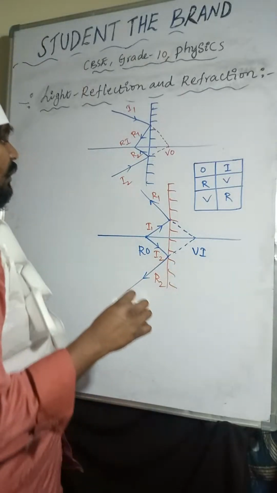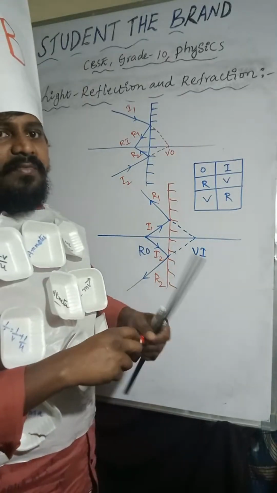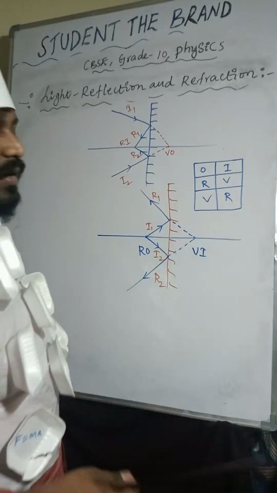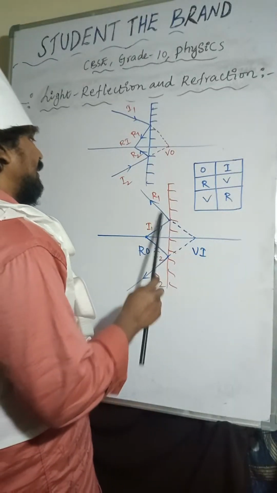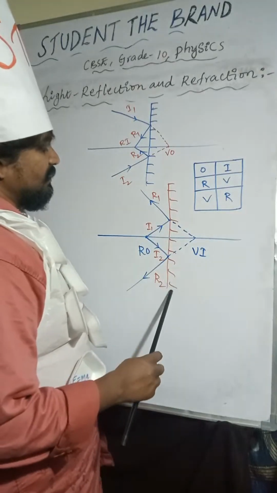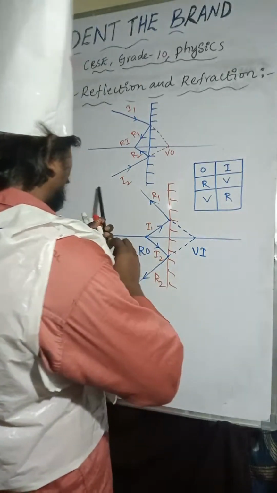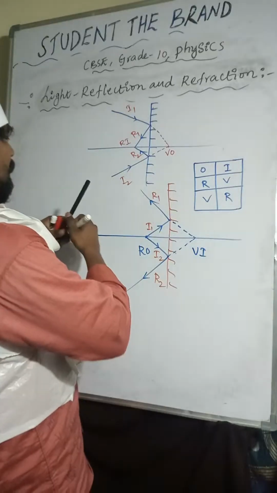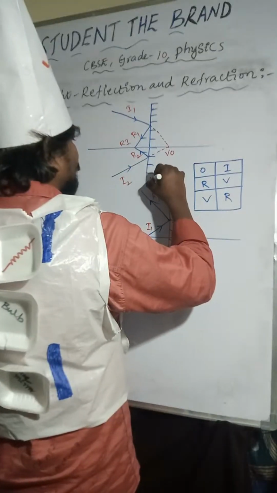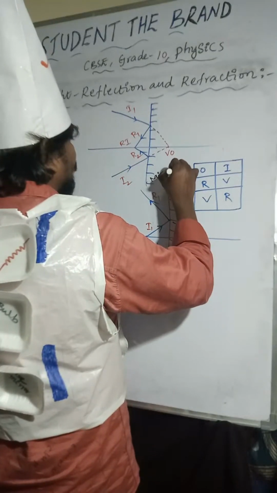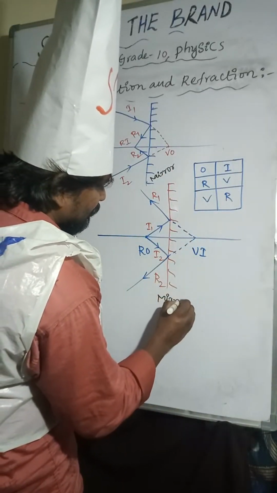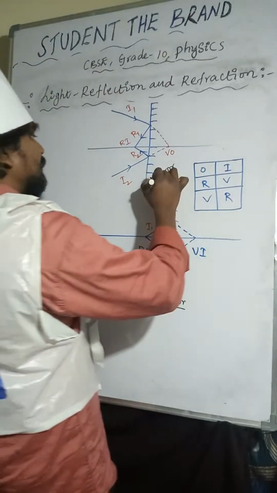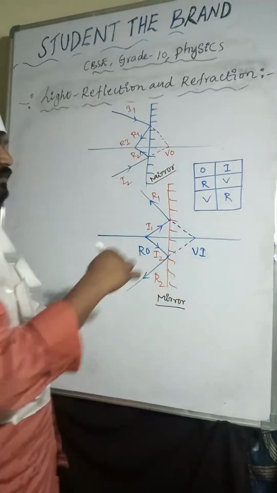After reflection, light rays are moving away from the mirror. So you can observe this one is the mirror, this one also is the mirror, the middle one is the mirror.